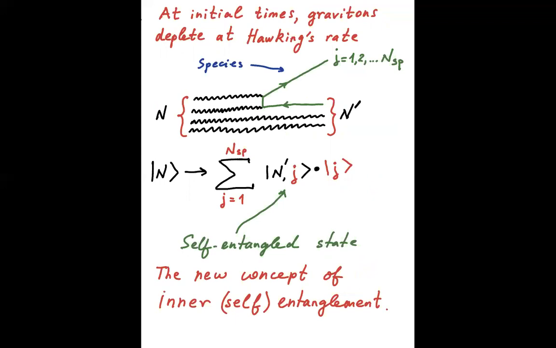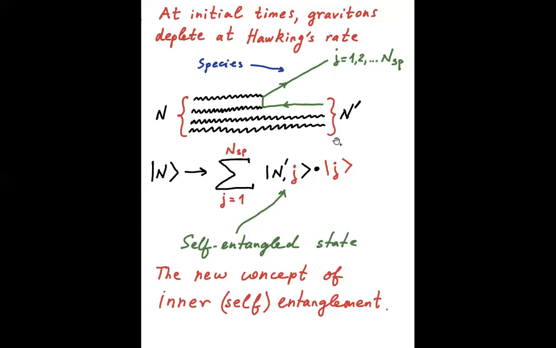So you have some kind of multi-graviton state, a coherent state, or otherwise a composite state. You can choose, which is saturated, and you can see that again at initial times you have Hawking radiation as a result of quantum depletion of this multi-graviton state, and you have this self-entanglement developed. So in other words, when a black hole emits quanta, what remains is not only entangled with this quantum, but it's also self-entangled.